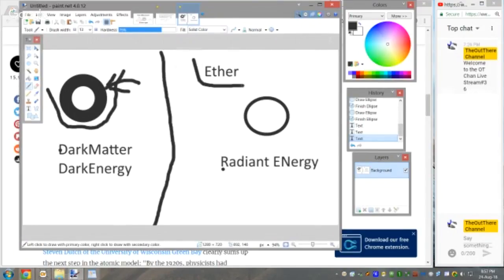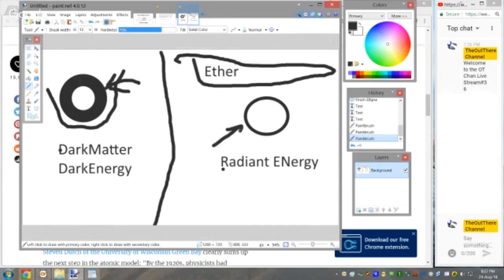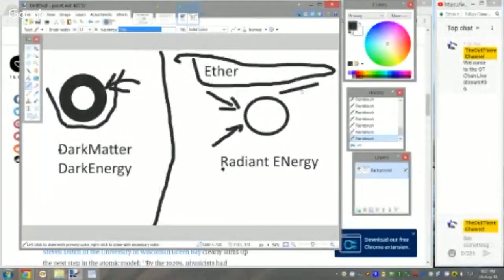So we got the ether, which is like a fourth dimension, and radiant energy is absorbed evenly. And of course, what happens is if you got the mass of the planet Earth of all these different atoms, all of these are absorbing energy all around.